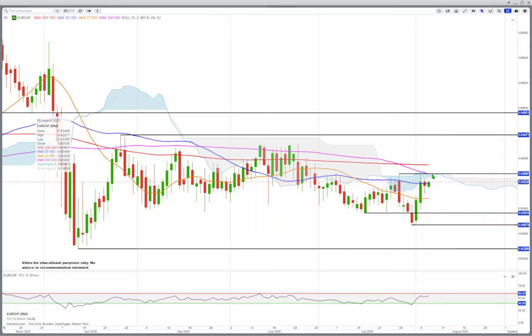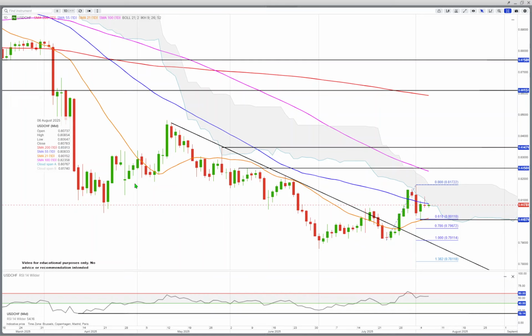EuroSwiss, well, 93.70 to the other side. I don't think it will be broken, but if it does, then we could see a push up to just below 94.40. I think we will slide back a little bit. We have the 200 moving average slightly declining, and the 100 moving average that has broken below it seems to be pushing EuroSwiss lower, and we are still in a bearish mode, but more or less sideways trading.